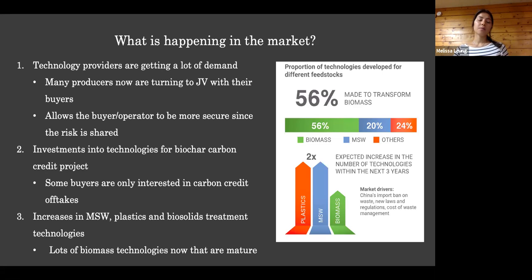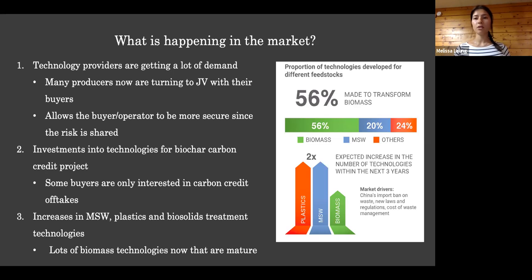Now, in terms of the feedstocks, generally only biomass can yield carbon credits in the voluntary markets, at least. But what we see in terms of development of new technologies is that technologies to transform MSWs, plastics and biosolids, residues that have perhaps been overlooked over the years compared to biomass, are popping up more.